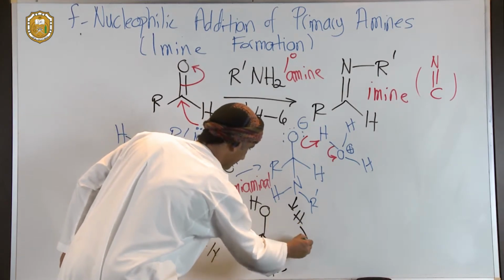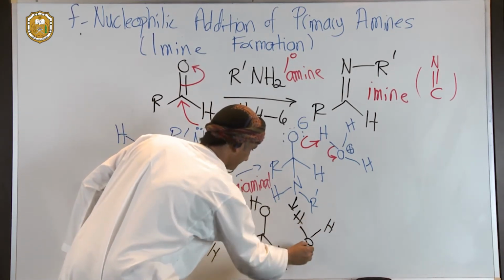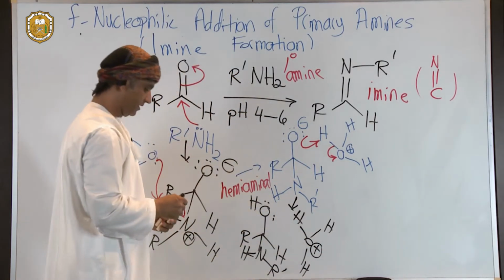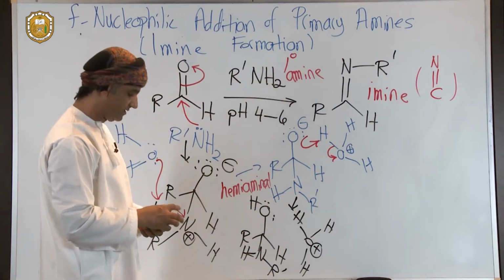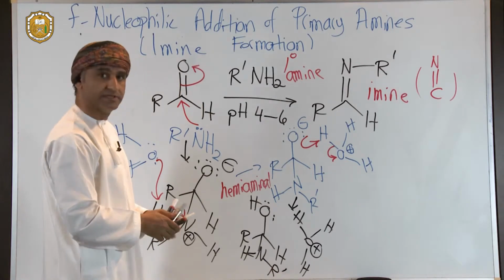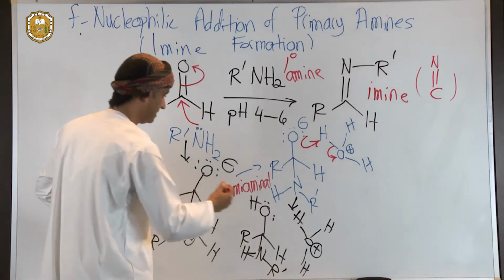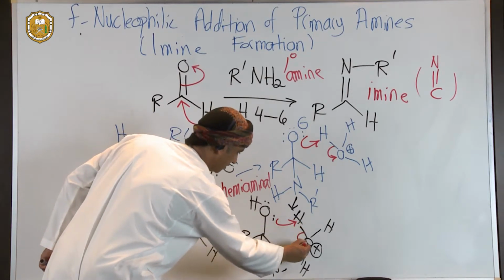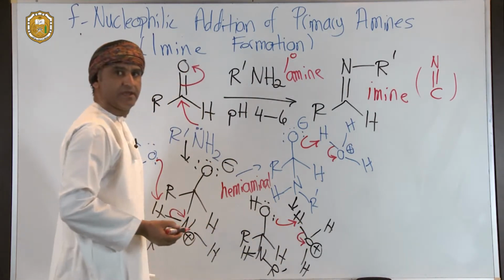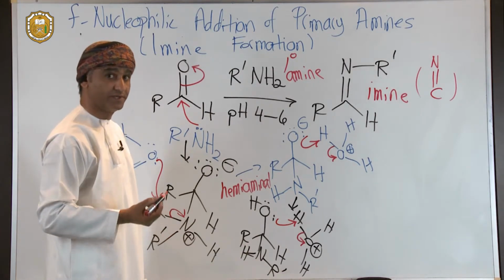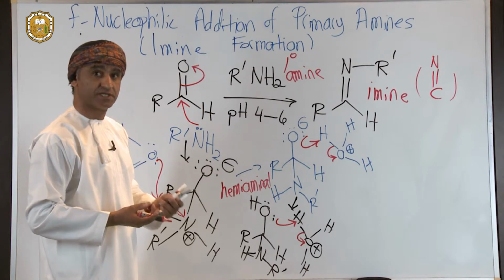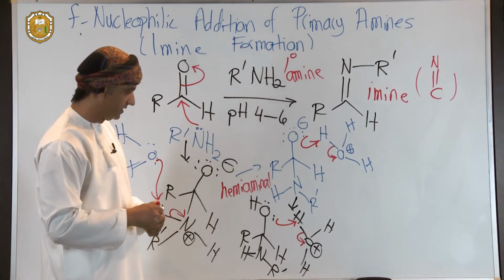So we can draw the hydronium ion again. The OH will get protonated at this stage. The hemiaminal, or the OH in the hemiaminal, will get protonated by this well-controlled acid concentration, as indicated by the strict pH of 4 to 6.